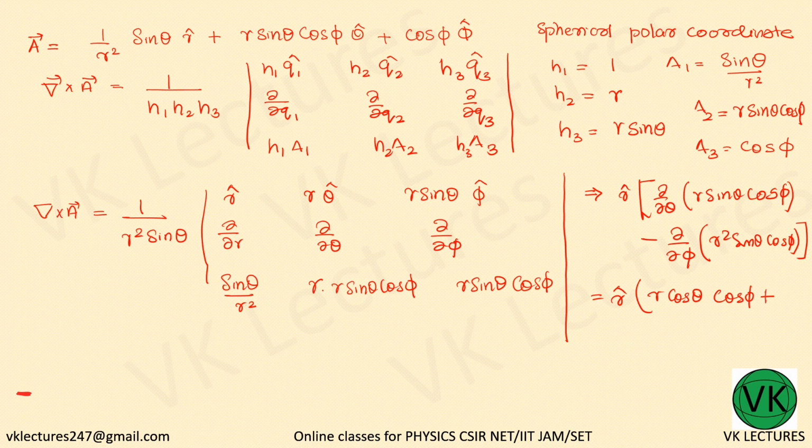So cos phi becomes sin phi with a minus sign, so minus r square sin theta sin phi. That is the first term.